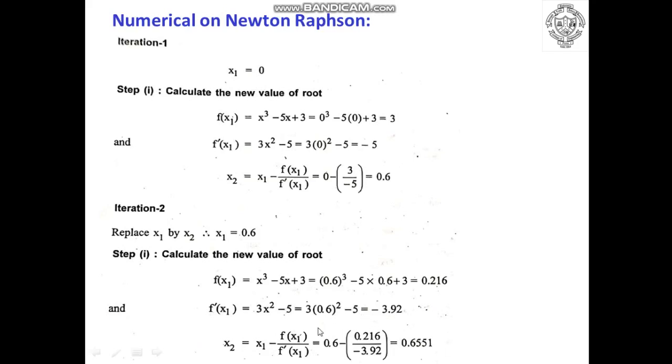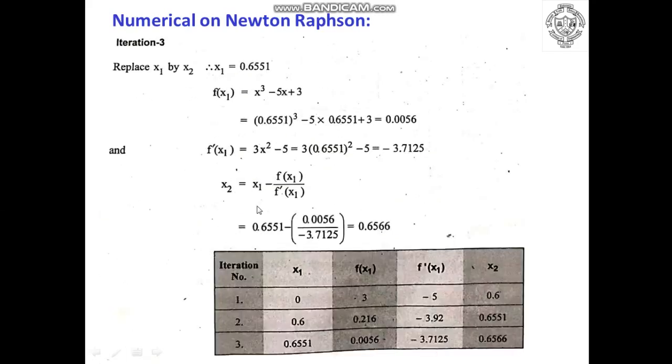Now we can calculate again value of x2 by considering new value of x1, f of x1 and f dash of x1. So I will write 0.6 minus 0.216 divided by minus 3.92 is equal to 0.6551.